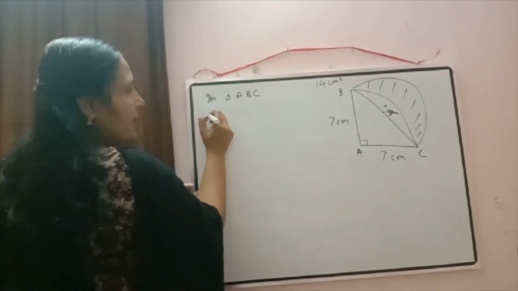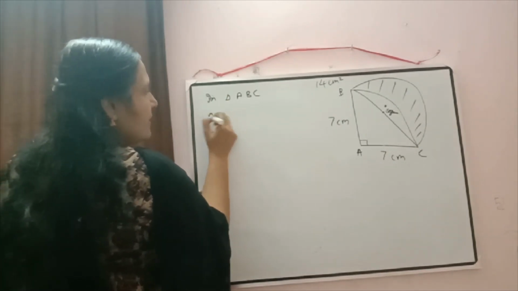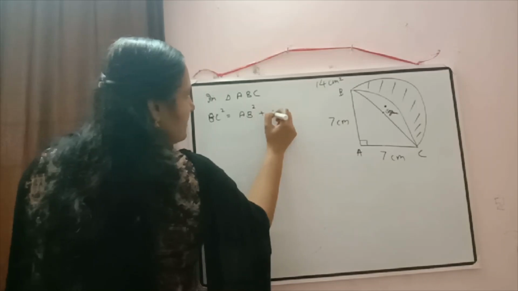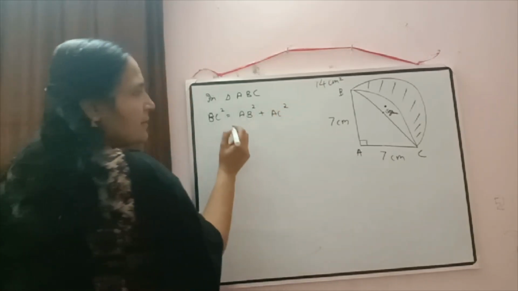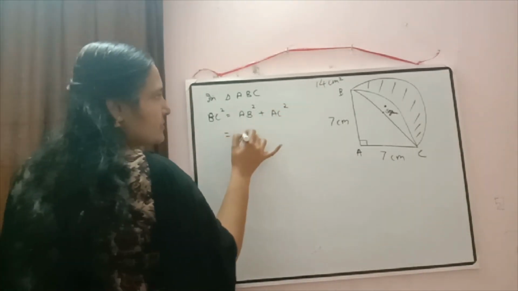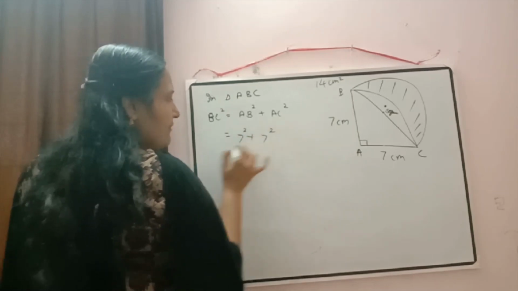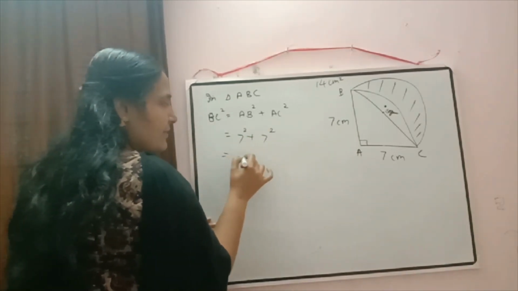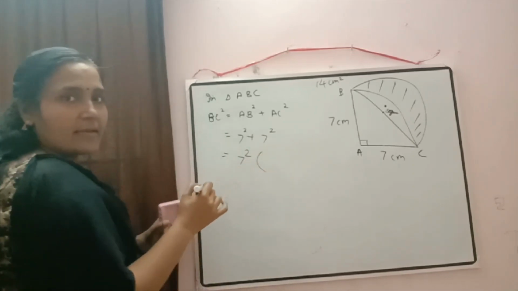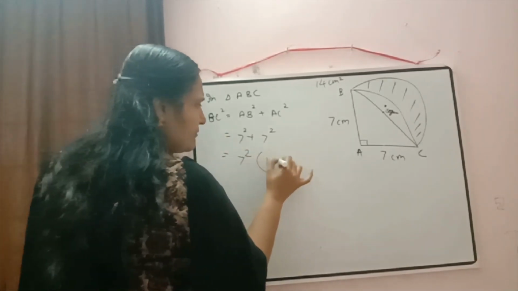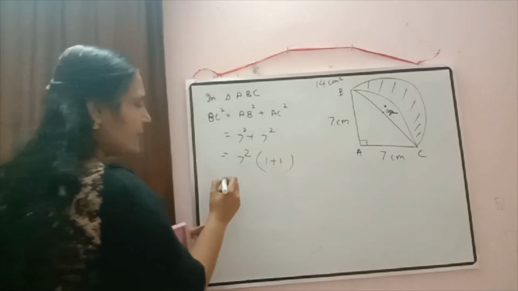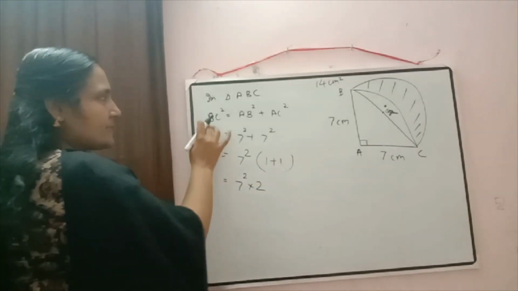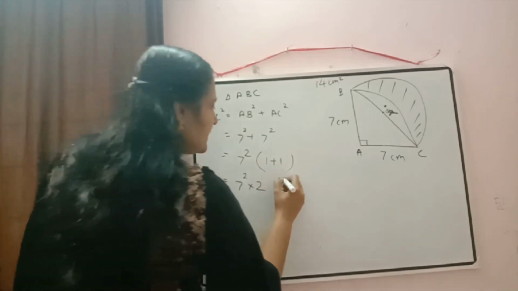In triangle ABC, BC square is equal to AB square plus AC square. What is AB? 7. So 7 square plus 7 square. As we did in one question, in the same way, 7 square is common. Take it outside; inside the bracket it will be 1 plus 1. So we get 7 square into 2, that is the value of BC square.